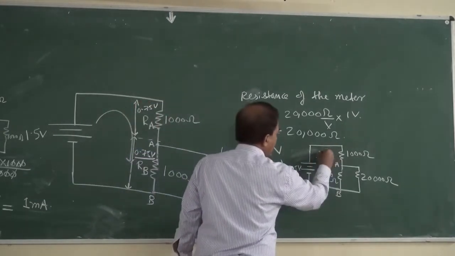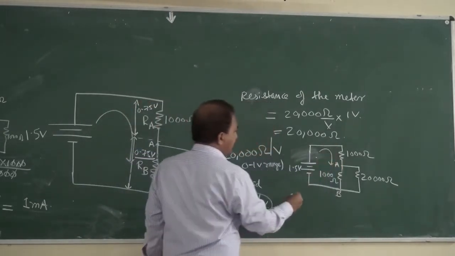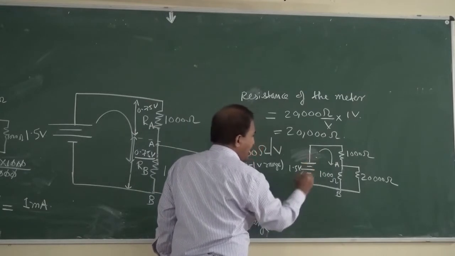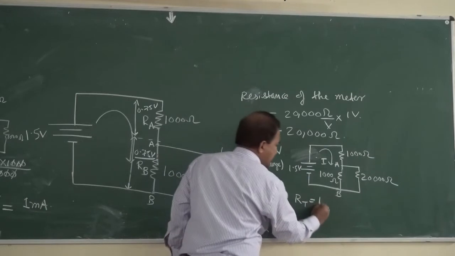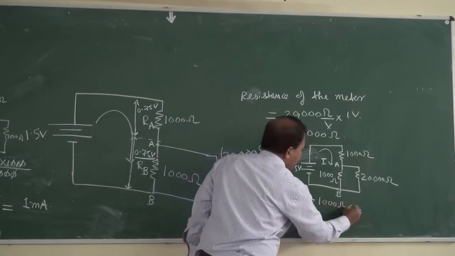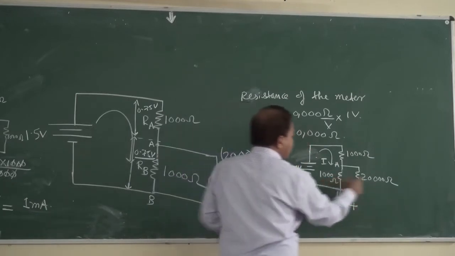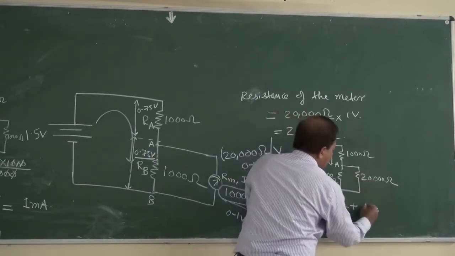So for this, what will be the I? For determining I, we have to determine first RT, the total resistance. Total resistance is again 1000 ohm in series with these two parallel resistors.